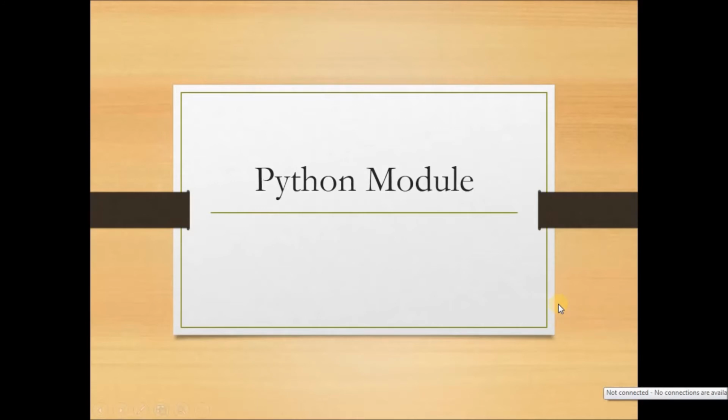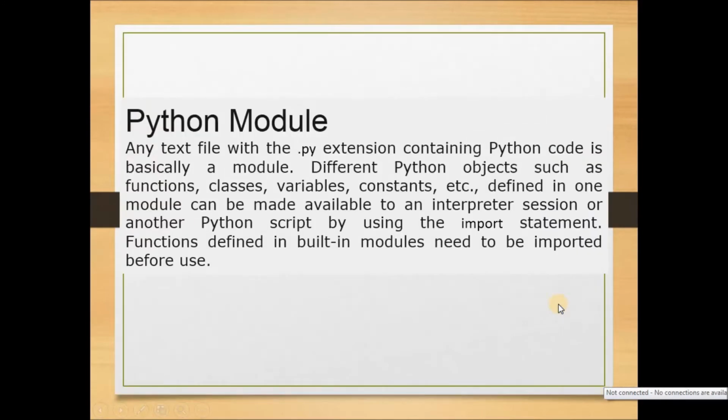Here, Python module. Any text file with the .py extension containing Python code is basically a module. The programs you have done till now are all saved with the .py extension, so you can say each program is also a module.